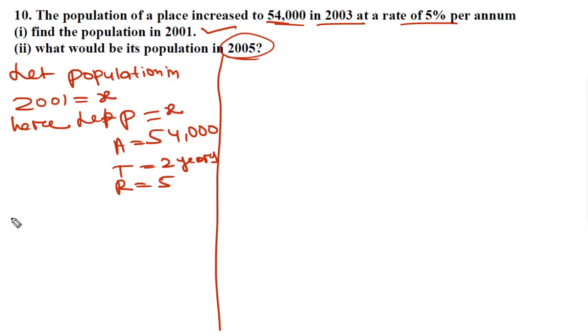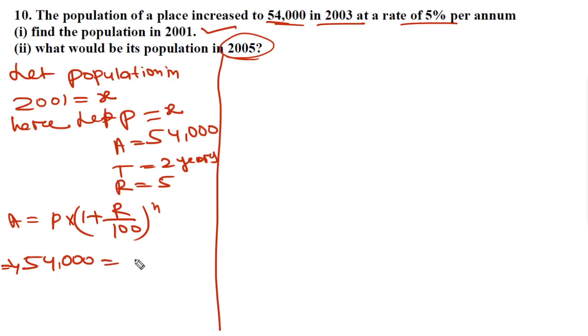Now you know that A is equal to P into 1 plus R by 100 to the power n, implies you can put the value of A, that is 54,000, is equal to P, which is x, into 1 plus 5 by 100 to the power n. n is 2 years.